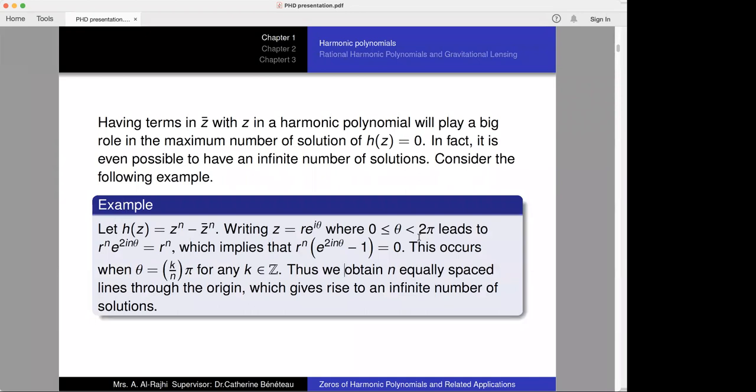Even when you have z and z bar, it doesn't affect our polynomial, but it will play a big role in the maximum number of solutions for h of z equals 0. For example, if we consider h of z to be equal to z^n minus z bar to the power n, and we write z as r e to the power i theta, where theta is between 0 and 2 pi, this will lead us to have n equally spaced lines through the origin, which give rise to an infinite number of solutions.